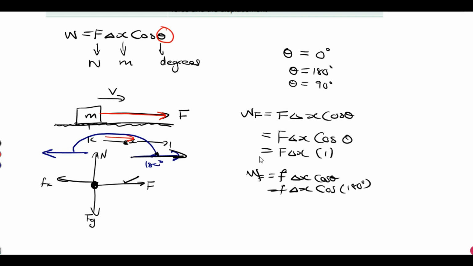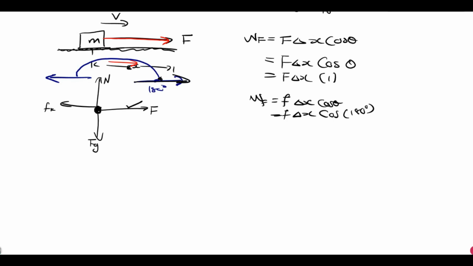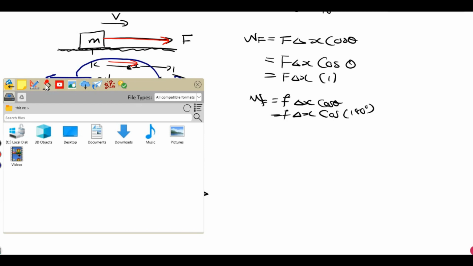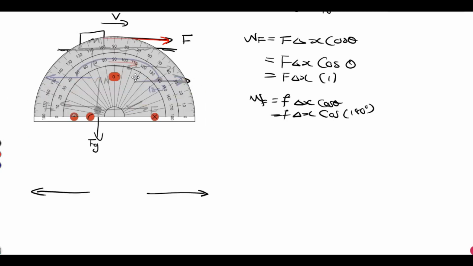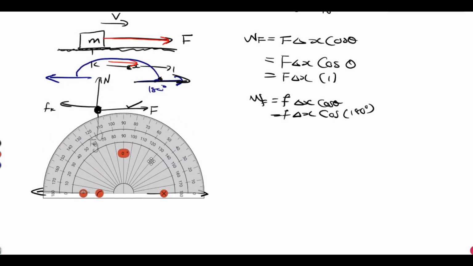Think of it as if you are placing a protractor. This is the direction of displacement. This is the direction of the frictional force. So if we place a protractor directly between those two, you can see that the direction of displacement is our 0 degrees, all the way to the direction of the frictional force, which gives us what? 180 degrees.